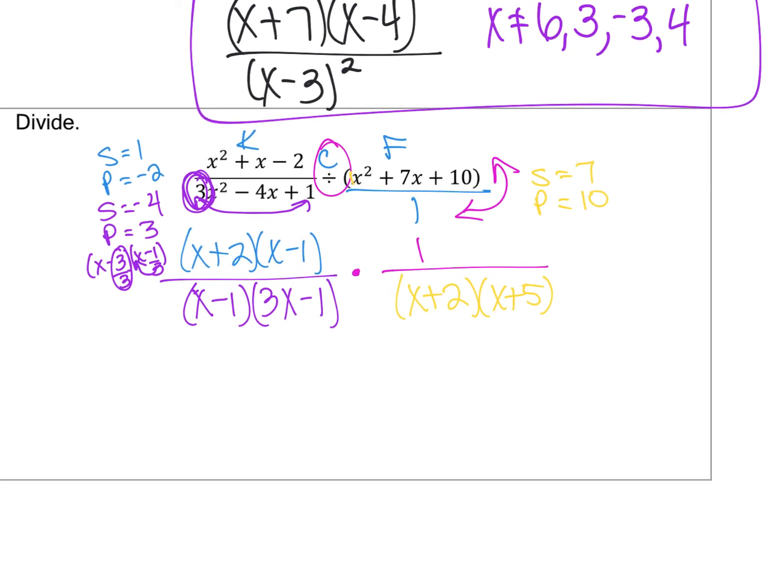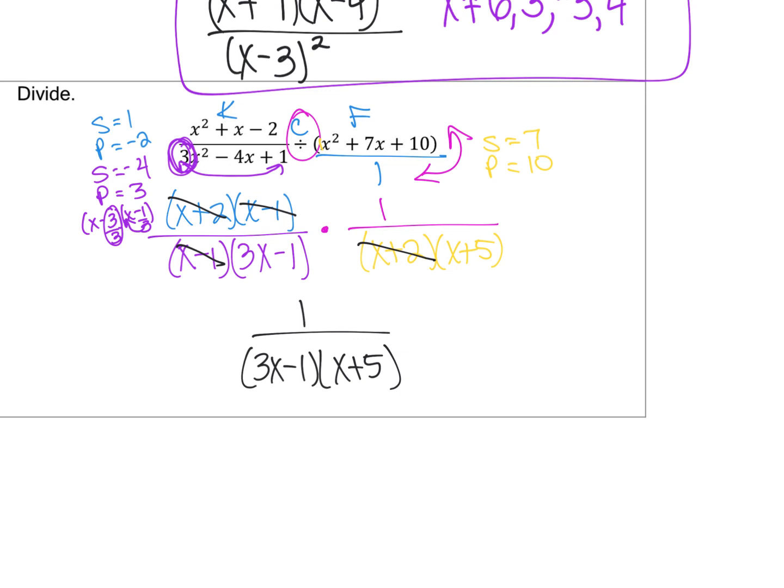And then looking for common factors, we have an x minus 1. We have an x plus 2 we can cancel. So notice in the numerators, because when you multiply fractions, you multiply the tops, we just have a 1. We have to put something there. And then in the denominators, we have a 3x minus 1 and an x plus 5.